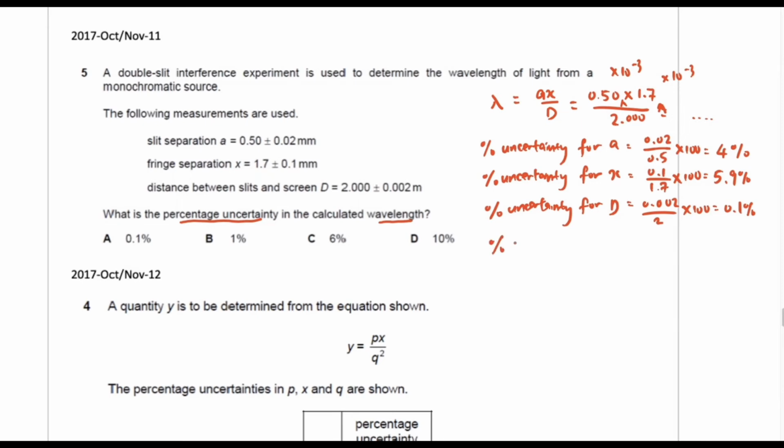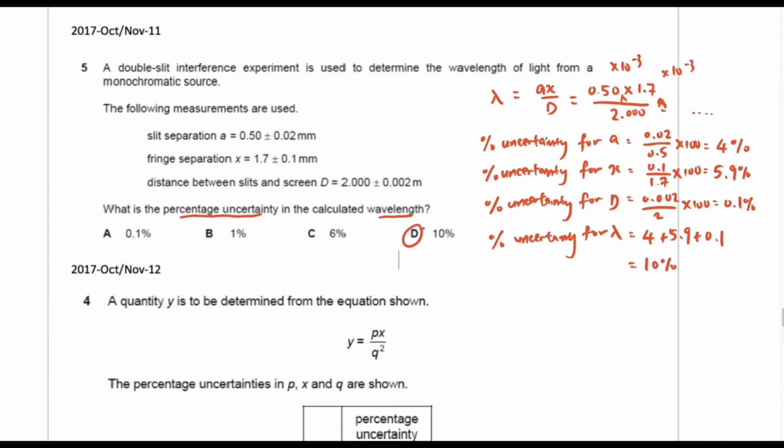So the percentage uncertainty for wavelength, we just need to add up the percentages: 4, 5.9, 0.1, that is 10%. So the answer is D.